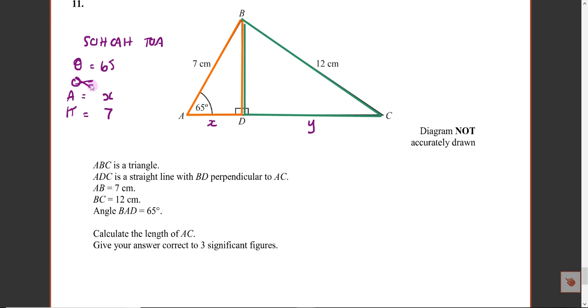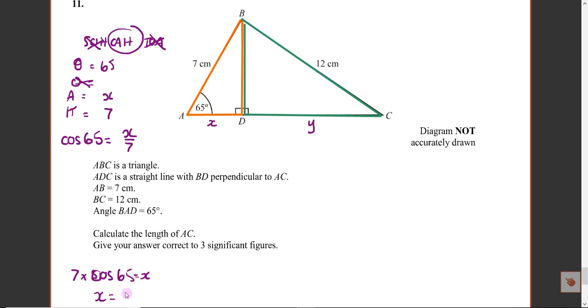The opposite side is crossed out, so let's cross out sine and tan. We're going to use cos 65 equals x over 7. So x is 7 times cos 65. Anyone work that out?